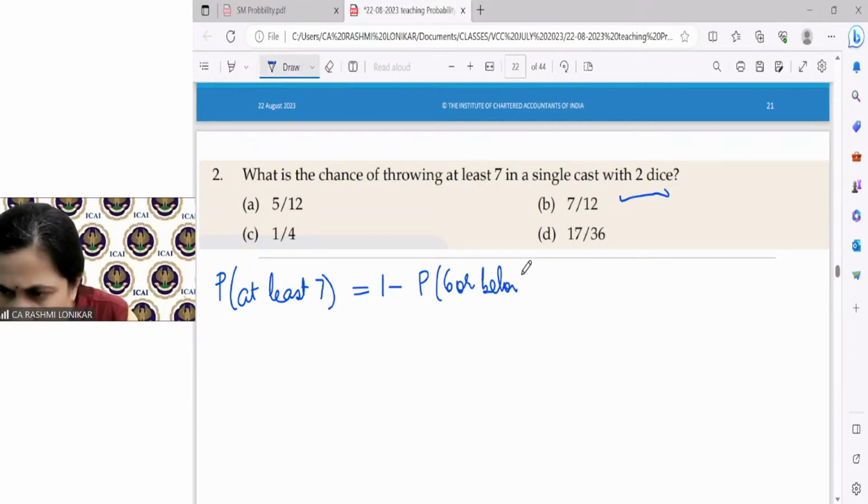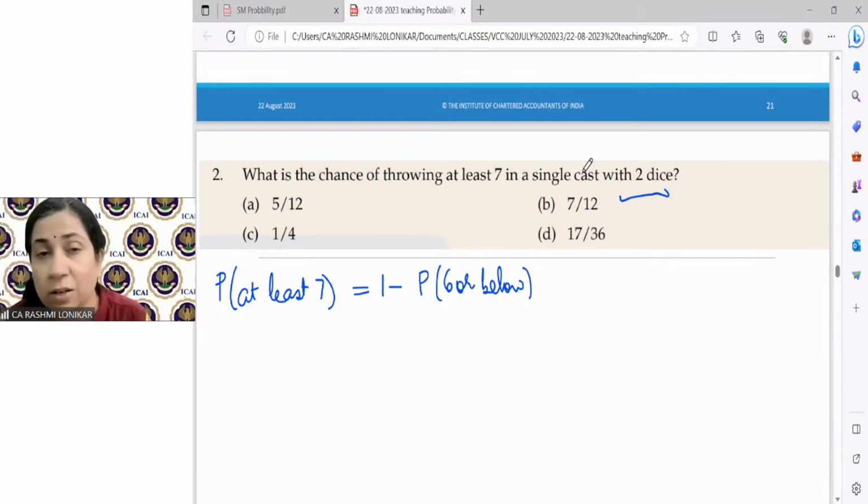So what they're saying is when I'm tossing 2 dice and I add the numbers on the top, what will it be? For 6 or below, what will be the scenarios?